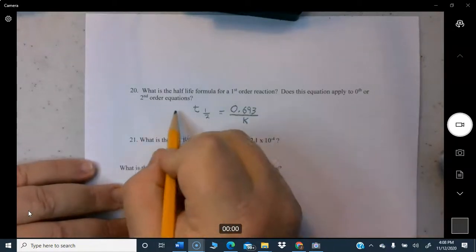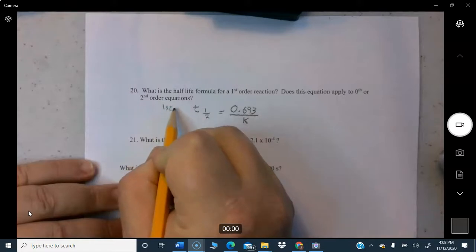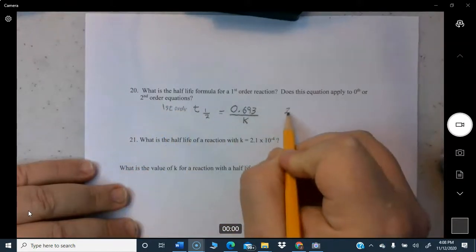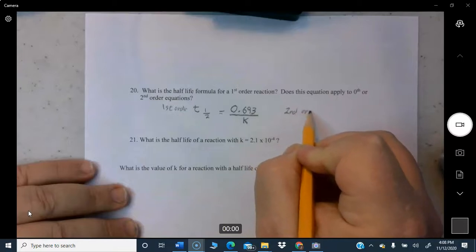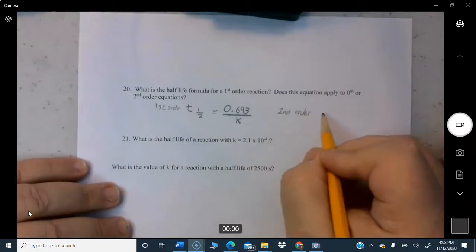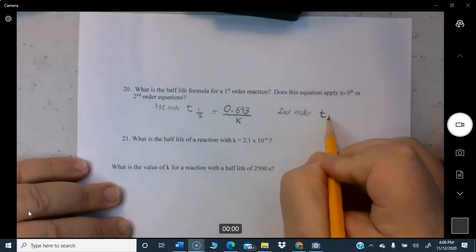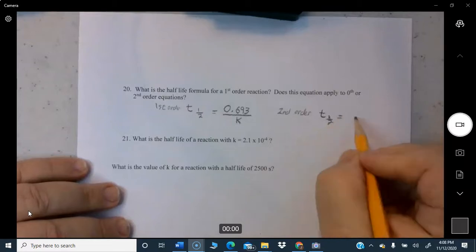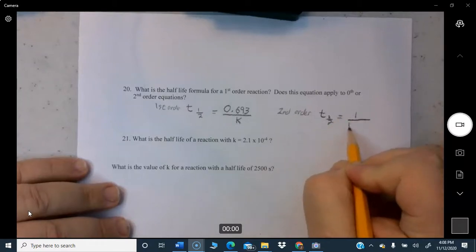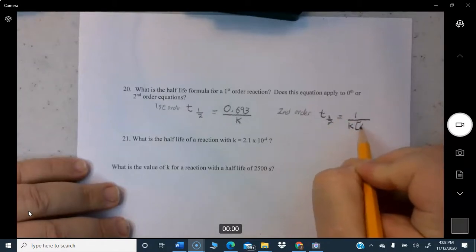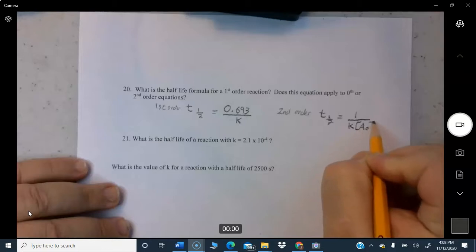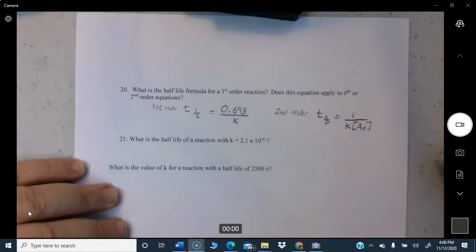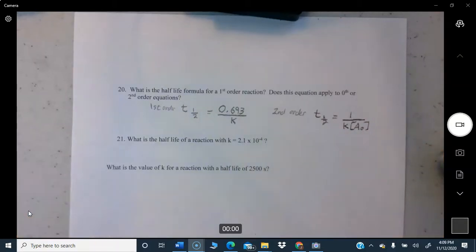No. This is for 1st order. For 2nd order, the half-life is 1 over K times the initial concentration. Okay? All right, so it's a different equation.